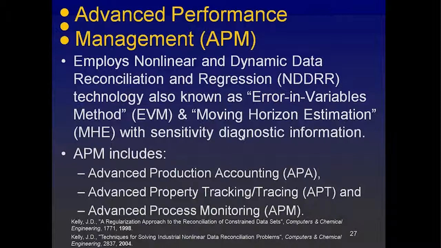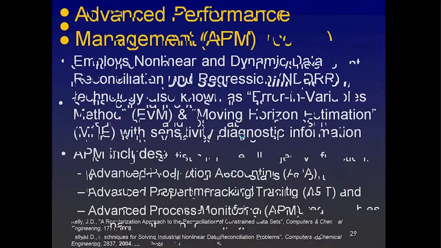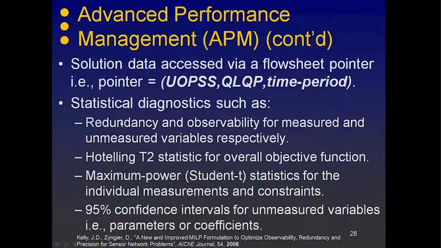The diagnostic information we're talking about is, given a flow sheet, solving it in such a way that you can determine the redundancy of the measurements and the observability of the unmeasured parameters, put a counting statistic around the overall sum of squares objective function, and then have individual maximum power statistics so that you can detect gross errors in the system by minimizing type 1 and type 2 errors, false positives and false negatives, and doing all of that in an automated way around your flow sheet.